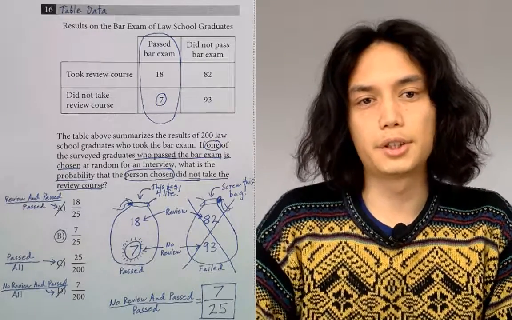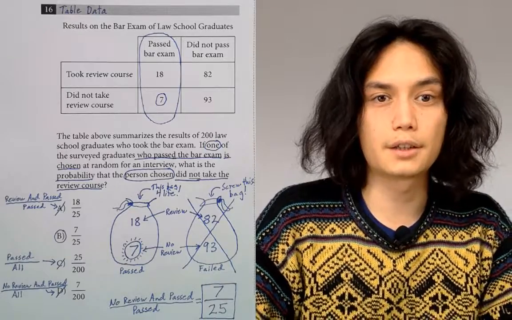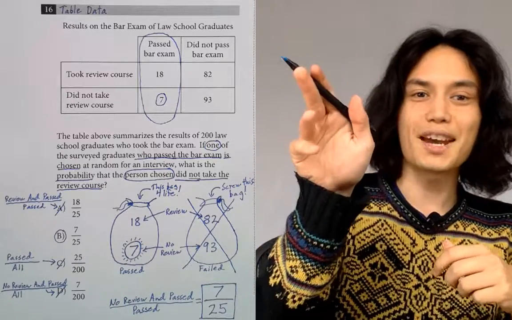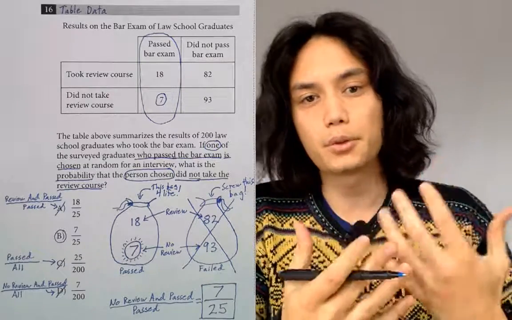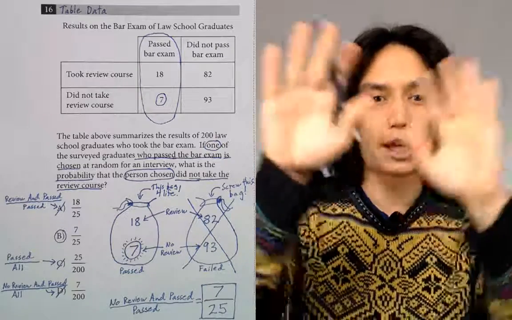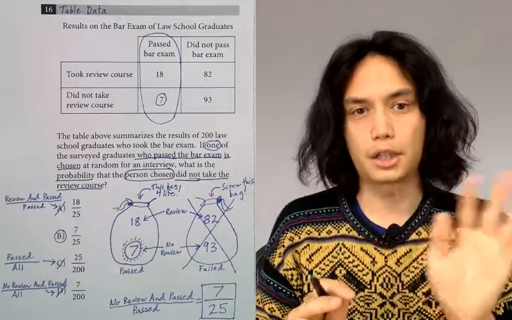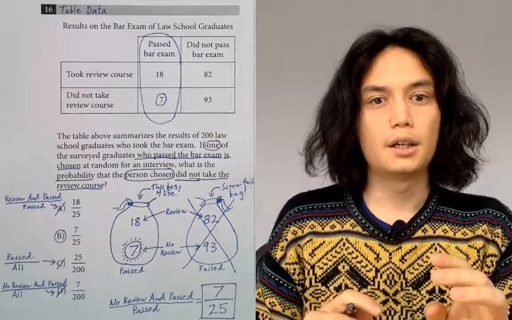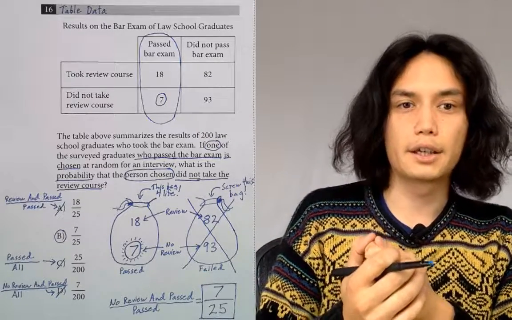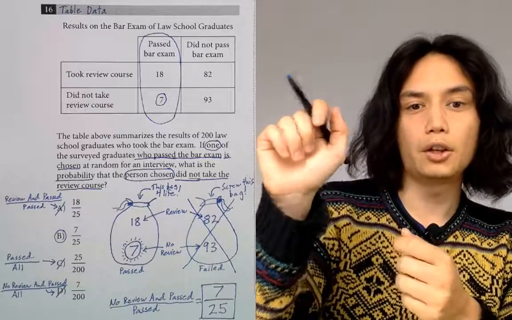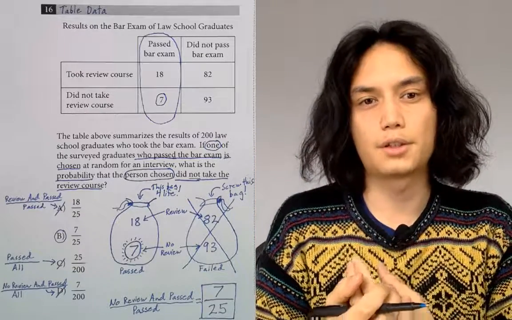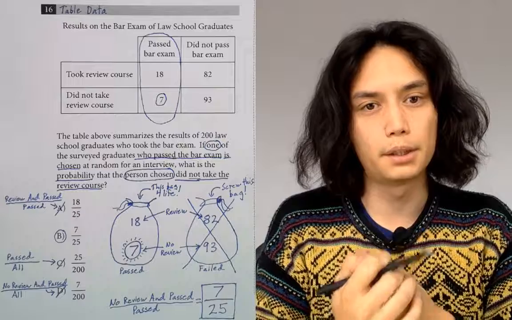All right, so this is a table data question. One of the big ways you can tell is that, spoiler alert, there's a table in it. Now, it's important to remember that not all tables in the SAT come with a table data question. They sometimes ask other types of questions about tables. But these table data questions are recognizable because they have a table and also because they ask you questions that are fundamentally about probability.